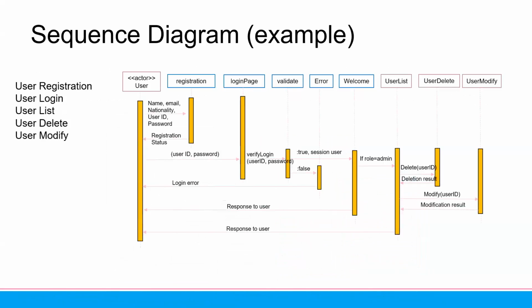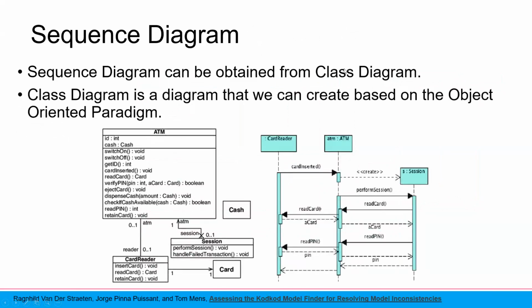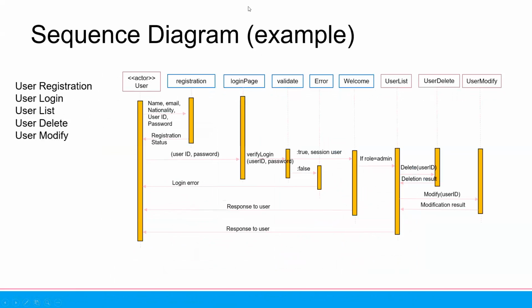I would like to show you another example. This is an example based on what we already did on the user registration. In the first part, the literature mentioned that we can use the class diagram as an object. But you can also define your own objects, like the actor, or you want to register, you want to log in, you want to validate, you want to handle the error, or you want to show the welcome message.